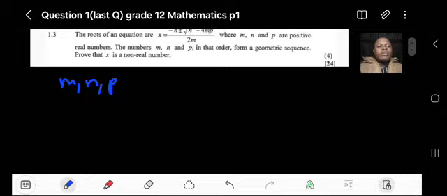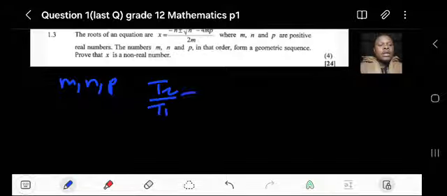So how can we go about it? Given this is a geometric sequence, they cannot just give it to us for fun. We know that for a geometric sequence, T2 over T1 is equal to T3 over T2.